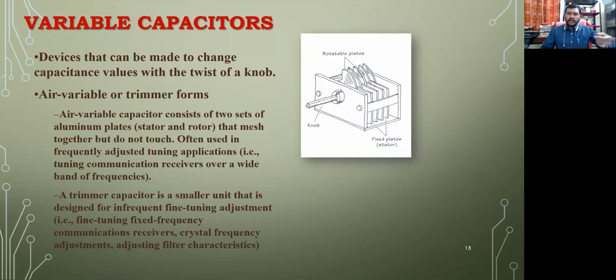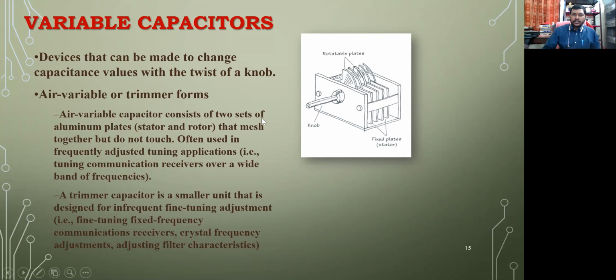As you go on increasing or decreasing, the area of overlap in these plates will go on increasing and decreasing. Accordingly, the capacitance of the capacitor can be varied, right? So these are called variable capacitors.